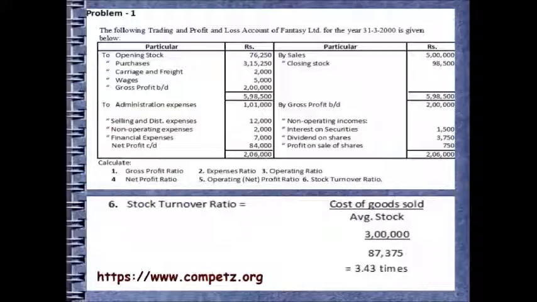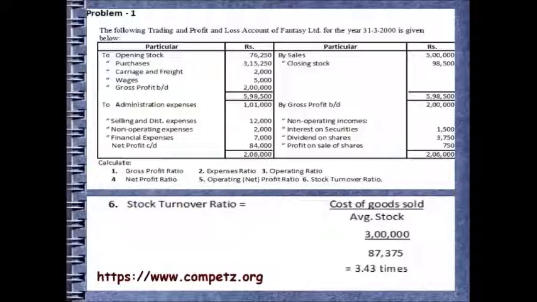We will start the solution. We have calculated cost of goods sold. We have added opening stock 76,250, plus purchases 3,15,250, plus carriage and freight 2,000, plus wages 5,000, minus your closing stock 98,500.